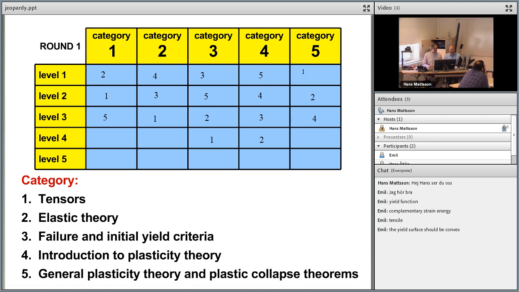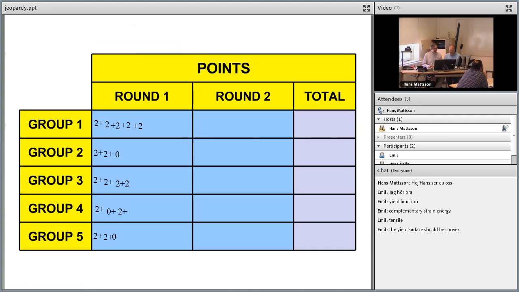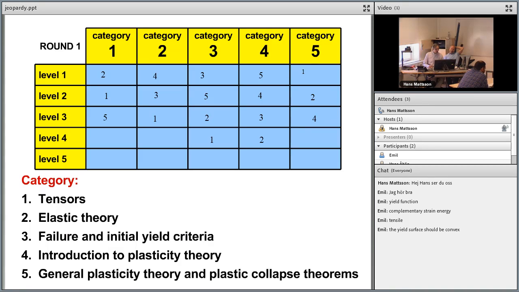Group 3 here is taking another 3 points here, and we see another 2 points, and we see that group 3 are really dangerous today. And we go over to group number 3 to choose a question.